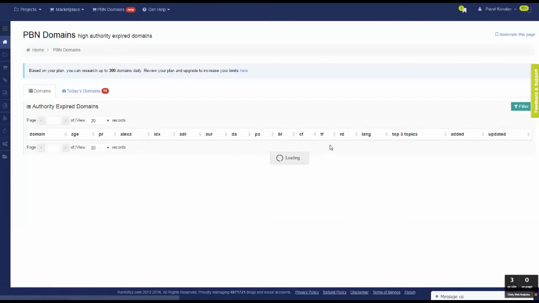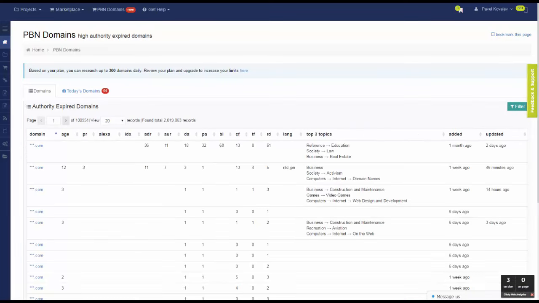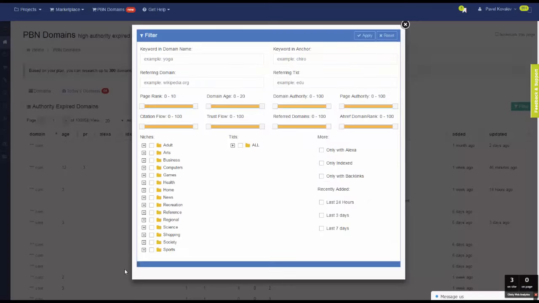That's not all. You can filter domains by information I don't think is available anywhere in any similar services that sell expired domains. You can search by anchor and keyword.